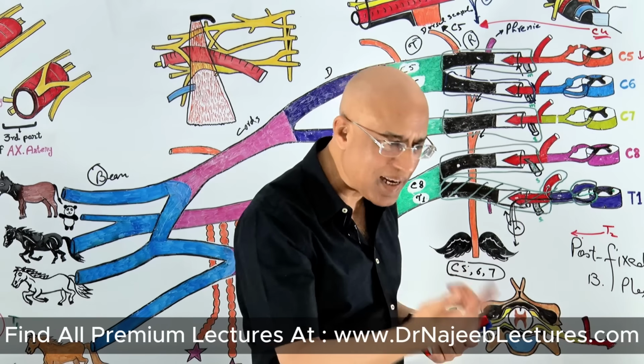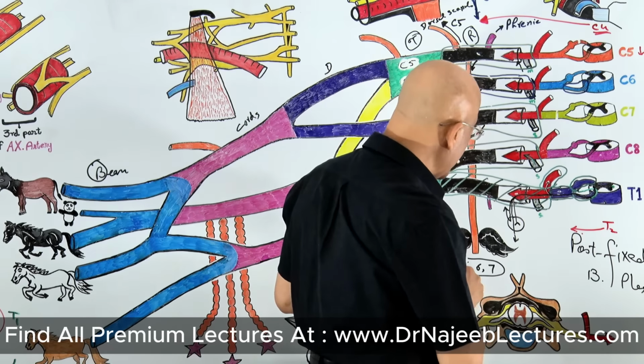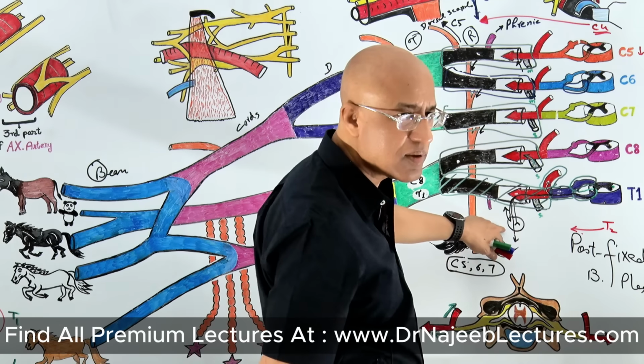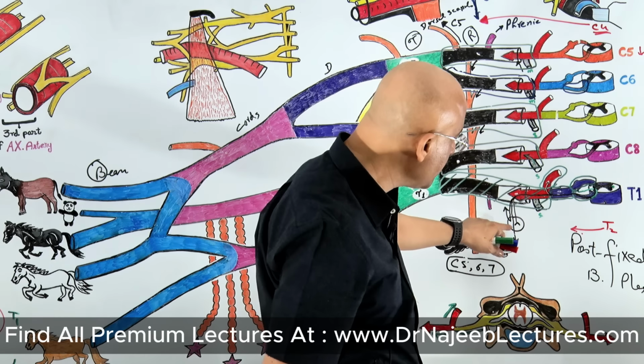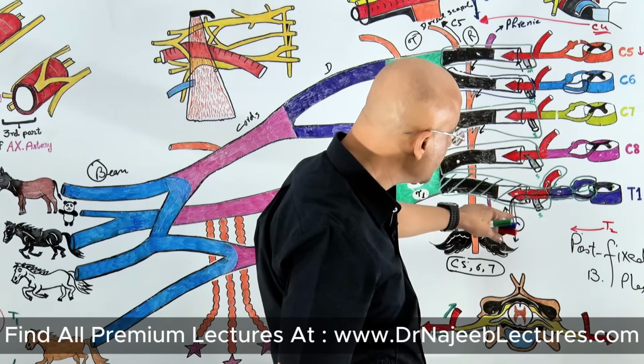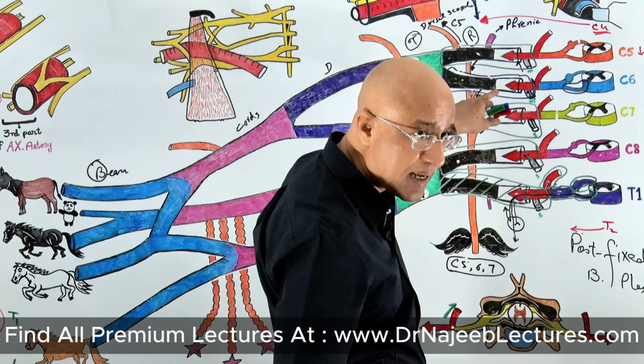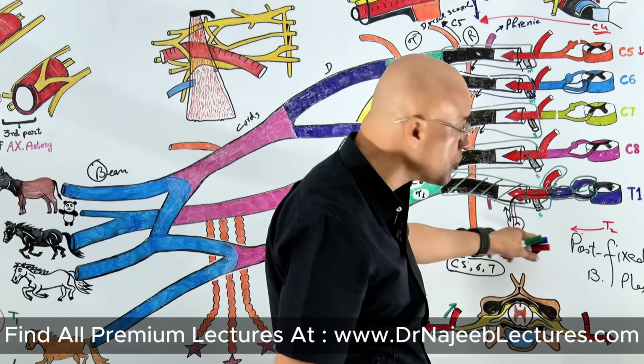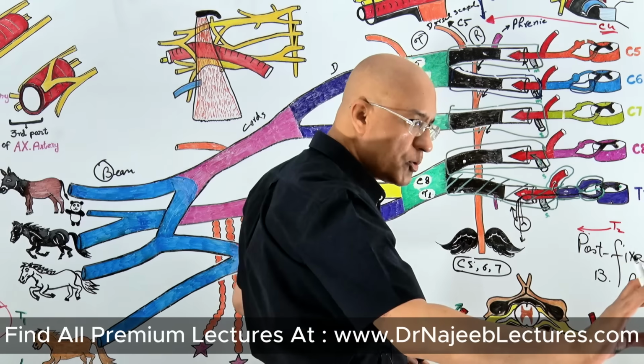These myelinated fibers go to the nearest ganglion. Some of them terminate there, some go and terminate in an upper ganglion, some in a lower ganglion, and some move towards viscera. We will not go into detail on that.